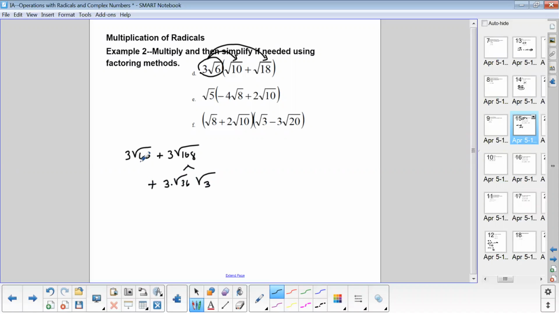Plus, and then the square root of 60. The square root of 60 would be the square root of 4 and the square root of 15.